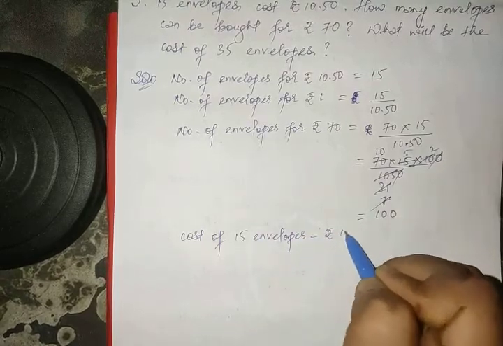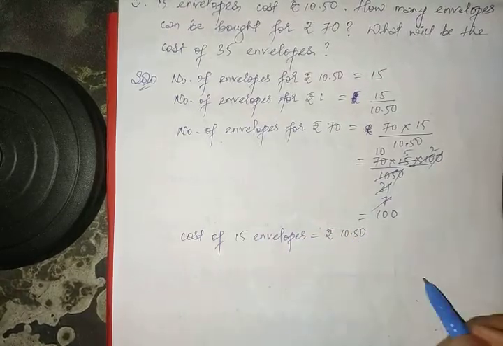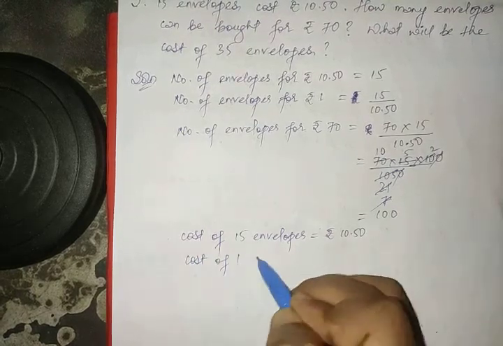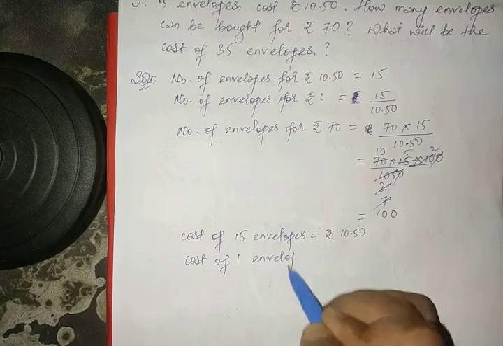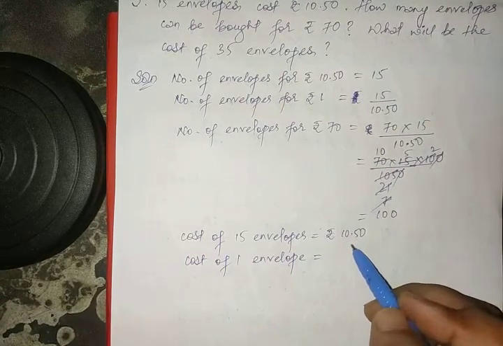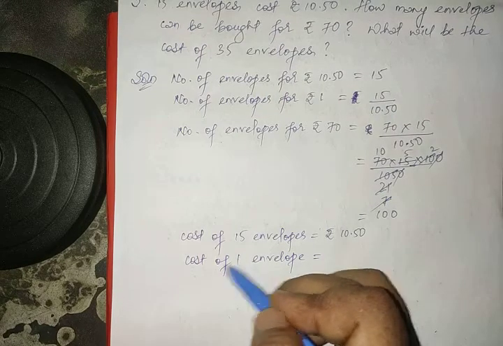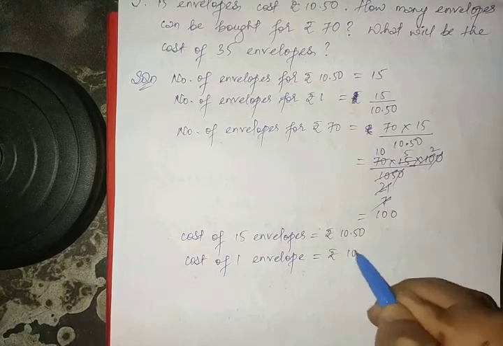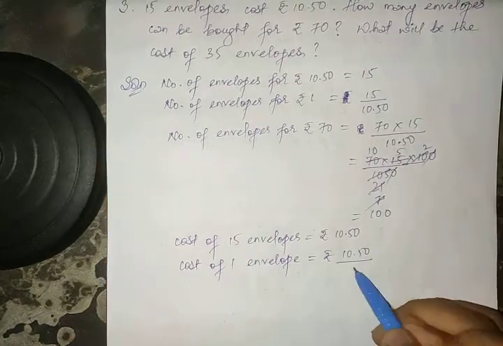Rupees 10.50, right? So from here we can get the cost of 1 envelope. So the cost of 1 envelope will be how much? You have to divide because we are finding less, right? So it will be rupees 10.50 divided by 15.